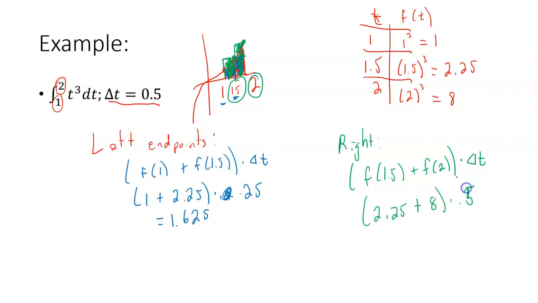I wrote 0.25 over here, that's 0.5. And so that is equal to 5.125. This one's bigger. Underneath the curve, the red piece would sit entirely inside the green. We've overestimated at this point. But that gives you an idea how we approach these.